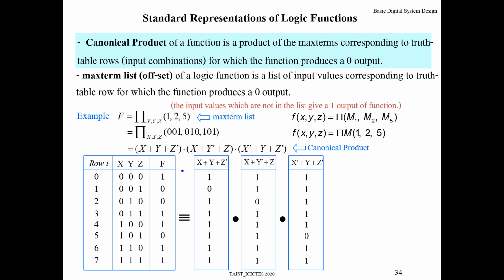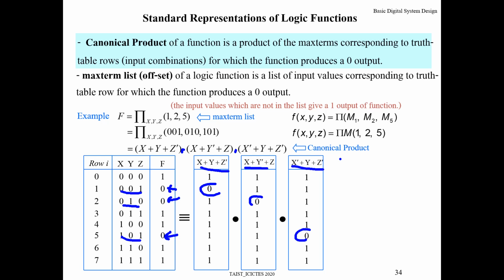So if you consider logic 0 of the output, you just find the max terms corresponding to the inputs that make the function become 0, and then you AND all of the max terms together. You will obtain the complete expression for the function.